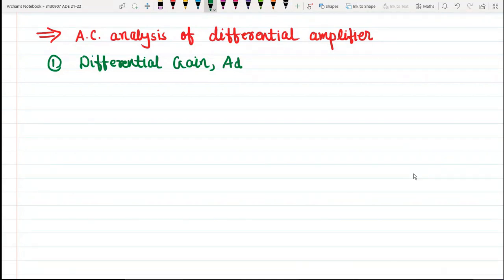For this differential gain calculation, the two input signals must be different from each other. In the last session, we discussed the operation of the differential amplifier, where we talked about two different operating modes: one is differential operation, the second is common mode operation. In differential operation, the two inputs are the same in magnitude but differ in phase. They are 180 degrees out of phase with each other, and that gives us the differential gain.